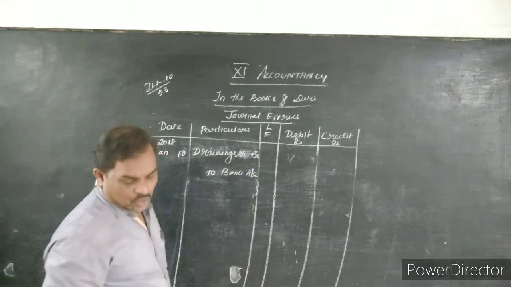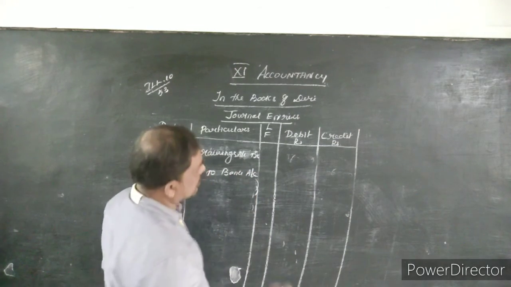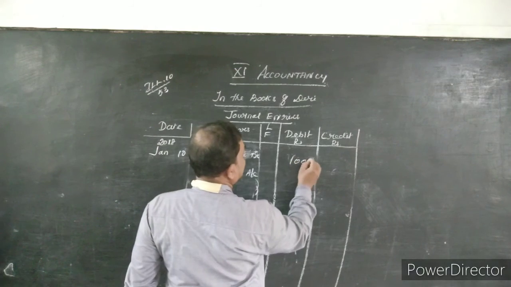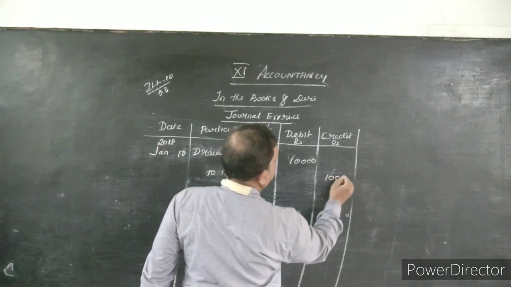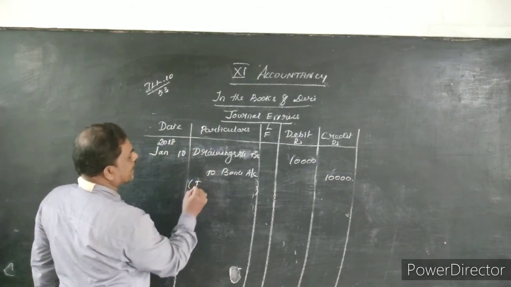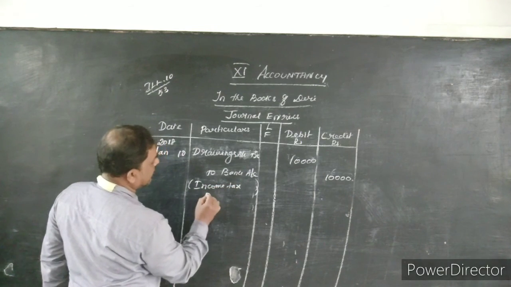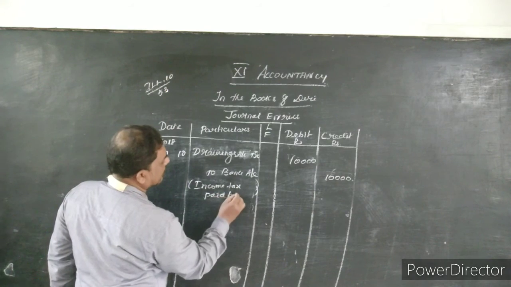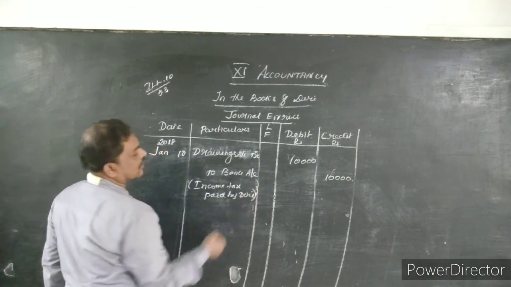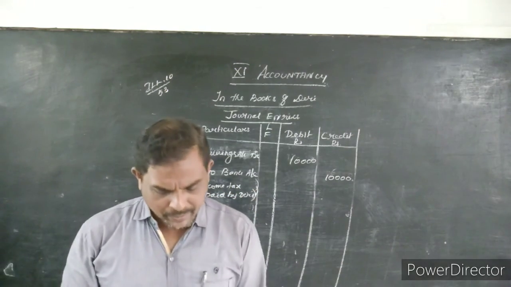How much is paying? 10,000 rupees. So debit 10,000, credit 10,000. The narration is income tax paid by Delhi.